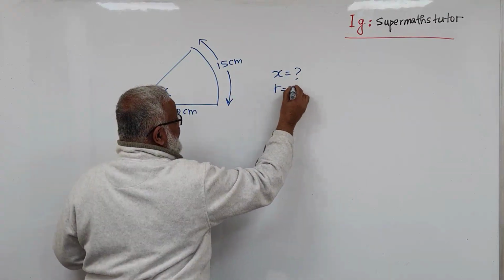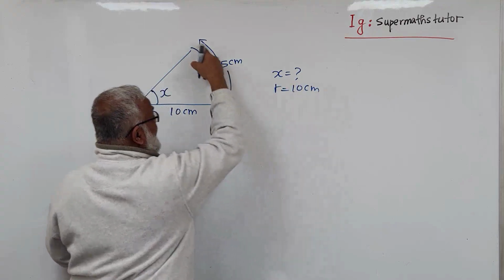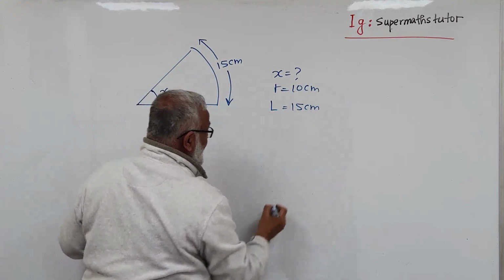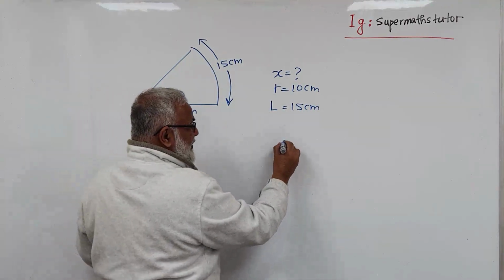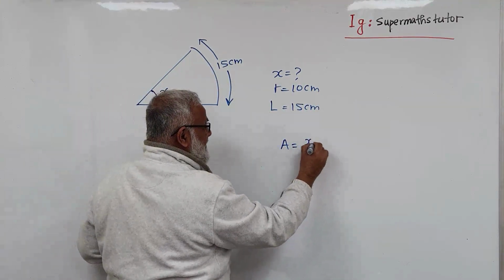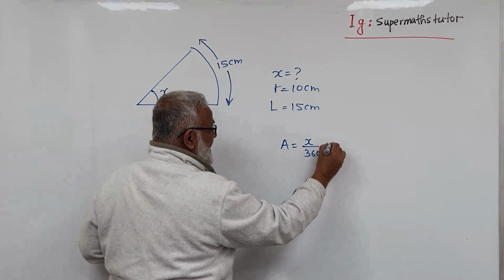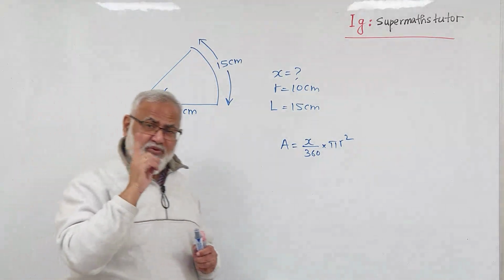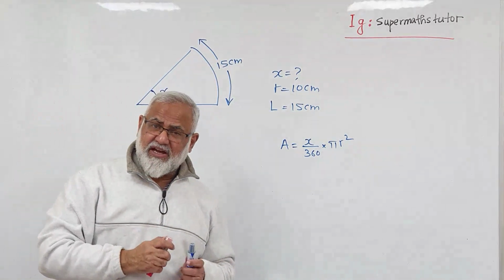My radius is 10 centimeter. But this time the length of the arc L is given as 15 centimeter. If you remember, the formula for the area I told you is x divided by 360 times pi r square. Remember, I'm trying to tell you the formula for the length of the arc this time.